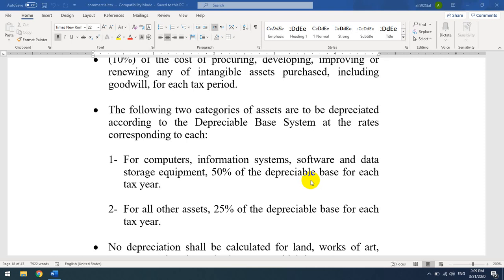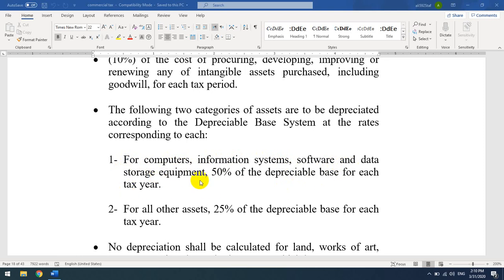Book value, or depreciable base, has to be used to depreciate the two other categories. The first category is the IT assets, for example computers, information systems, software, and data storage equipment.